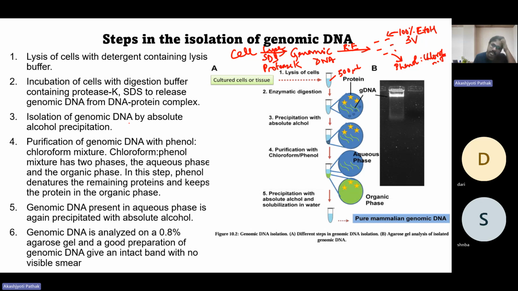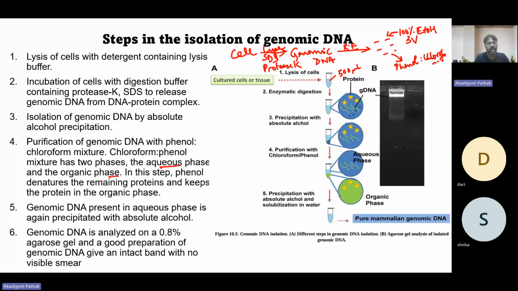Okay, so once you do the absolute alcohol precipitation, all the DNA fragments will get precipitated, and you can then remove the SDS and protease from the solution, and then you purify the genomic DNA with a phenol-chloroform mixture. So you get an aqueous phase and an organic phase.